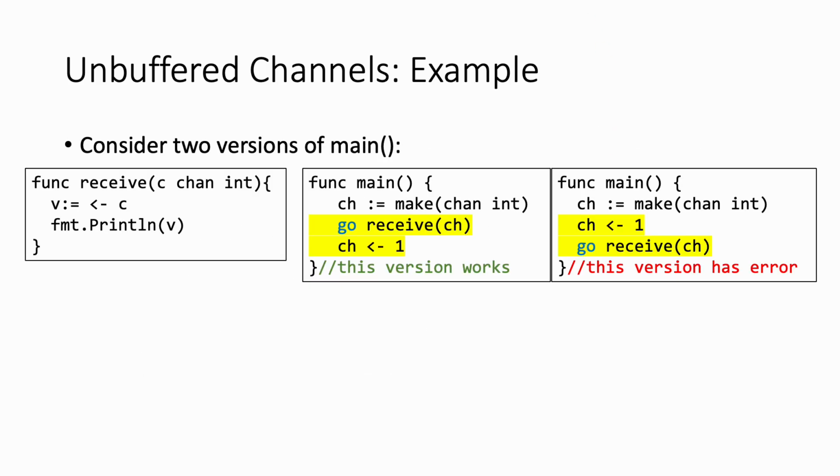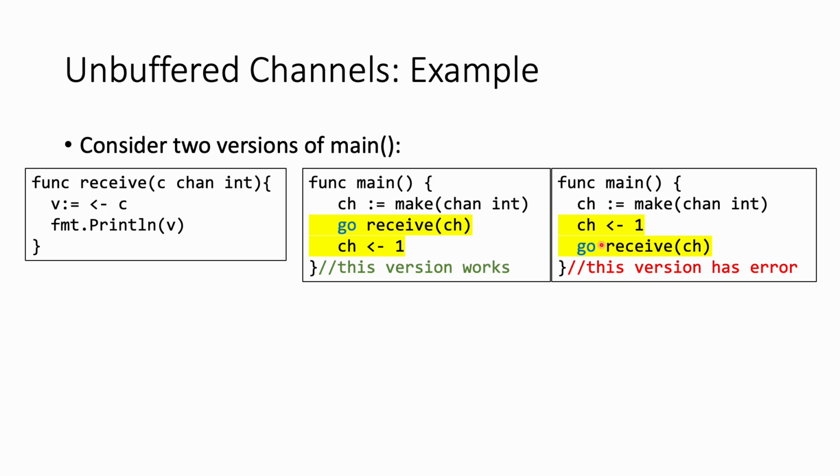To illustrate the synchronization of unbuffered channels, let's consider two versions of function main in this example. In both versions, the main function starts with creating an unbuffered channel, CH, and then in the first version, it calls function receive of CH in a go statement, followed by sending number 1 to channel CH.